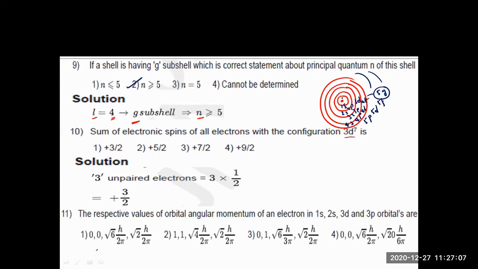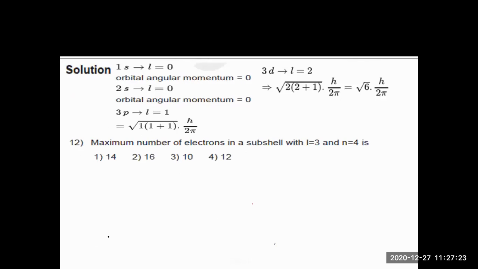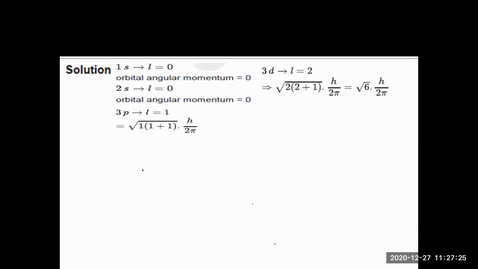For 3p, it is not root 3, it is root 2. I'll give you the solution. This is root 2 into h by 2 pi.